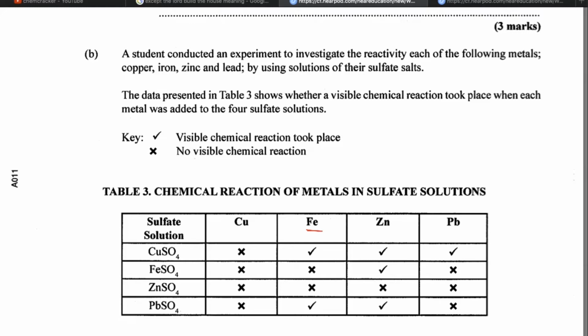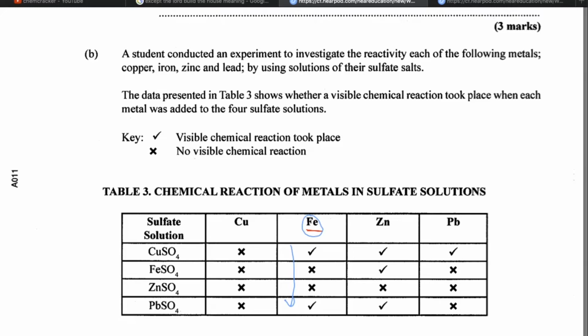So maybe it's best if we try to interpret the data going down. So we look at how well iron did. Was iron able to displace or take the place of copper? Yes, it was. Was it able to take the place of iron? Well, we wouldn't put it with iron. There's an X there for all of them. When iron goes with iron sulfate, zinc goes with zinc sulfate, lead goes with lead sulfate, that doesn't really count.